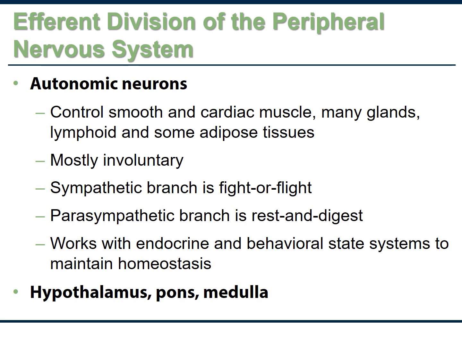Okay? It does work hand in hand with the endocrine system, and it is modulated heavily by the behavioral state system. That is to say, if you get butterflies in your stomach because you're nervous, that is activation of the sympathetic and parasympathetic systems to varying degrees in a time of stress.